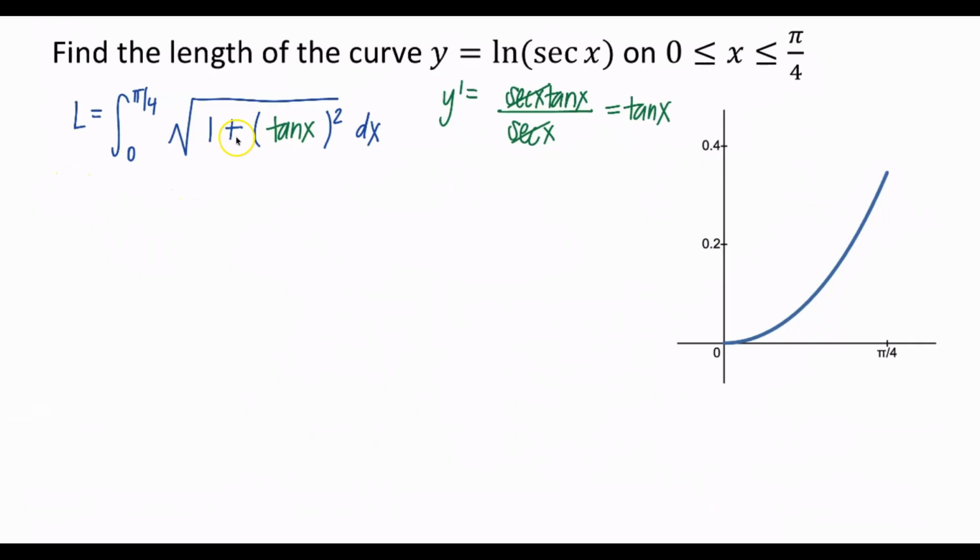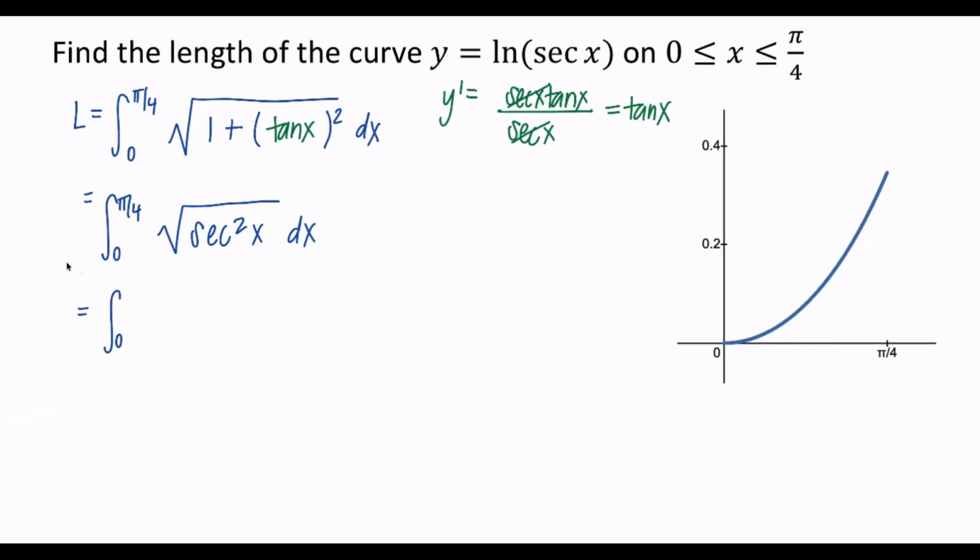So underneath the square root, I have 1 plus tangent squared x, which thankfully is an identity. So I have the integral from 0 to pi over 4 of the square root of secant squared x dx. And then the square root and secant squared simplify to just secant on the interval from 0 to pi over 4.